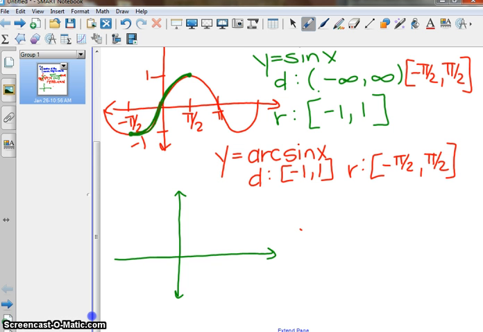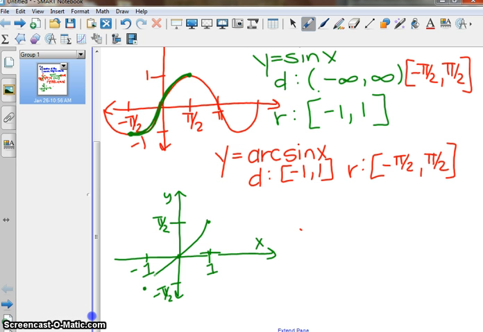I am going to have the coordinate point 1, pi over 2. So my y-axis will be in terms of my radians. And then I still have the coordinate point 0, 0. And then if I do the reverse of my other endpoint, it is negative 1, negative pi over 2.